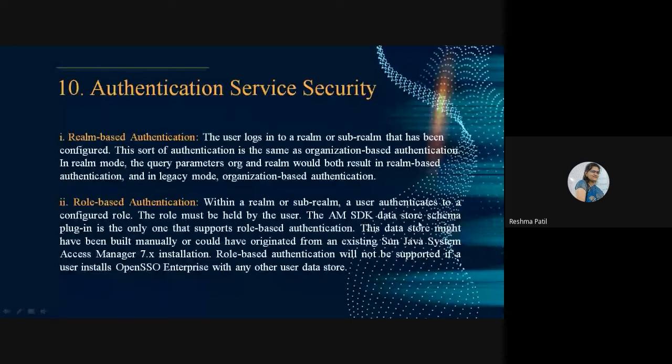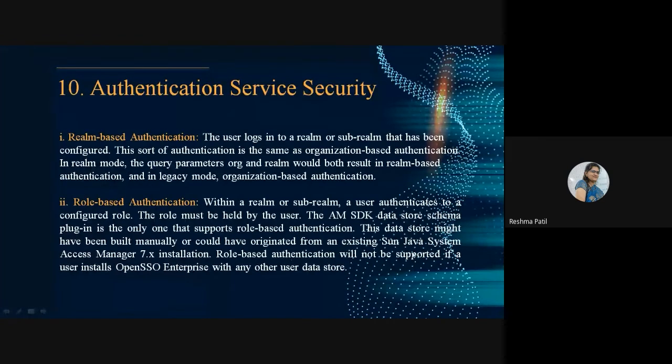The AM SDK data store schema plugin is the only one that supports role based authentication. So the AM SDK data store schema plugin is there. That is the only one that supports role based authentication. So for this reason, this plugin is important. This data store might have been built manually or could have originated from an existing Sun Java System.